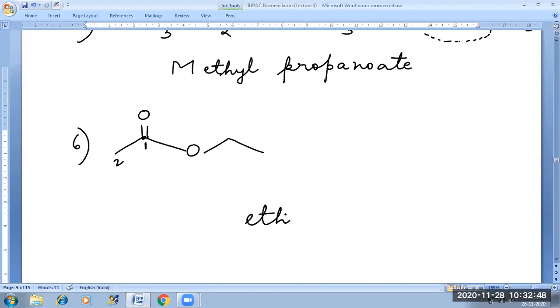So I have to say ethanoate. Now, before that, I have to write whatever is present after oxygen. After oxygen, what is present? This thing. Can I say this is again 1, 2, 2 carbon atoms? Can I say it is ethyl?